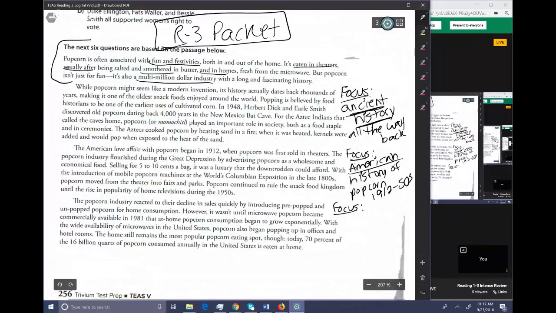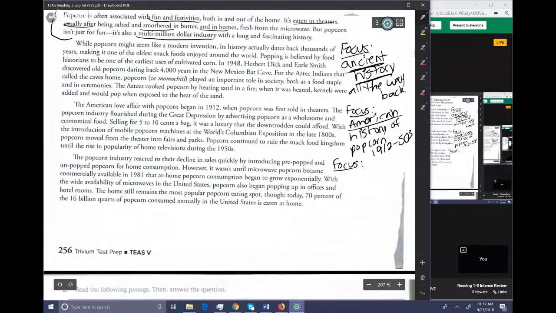And then the last paragraph, you could have outlined the last paragraph a couple of ways. So essentially it's about the development or the evolution of the business side. They already talked a lot about the different ways that popcorn has been sold and the different ways that it's been of importance.